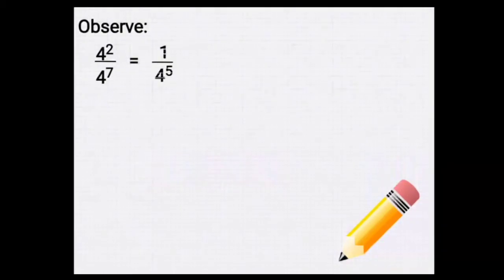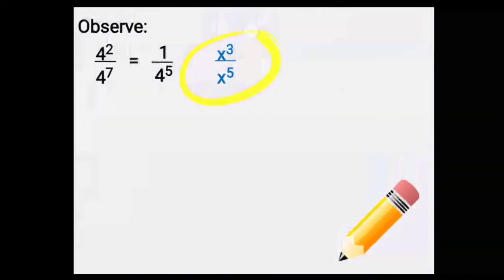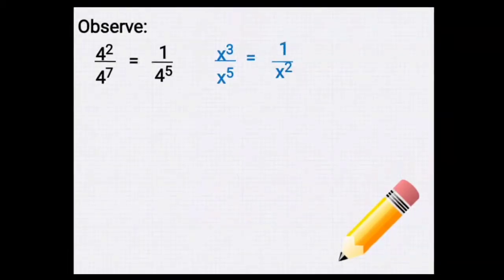So let's observe these expressions. 4 squared divided by 4 to the 7th power is equal to 1 over 4 to the 5th power. X cubed divided by x to the 5th power is equal to 1 over x squared.